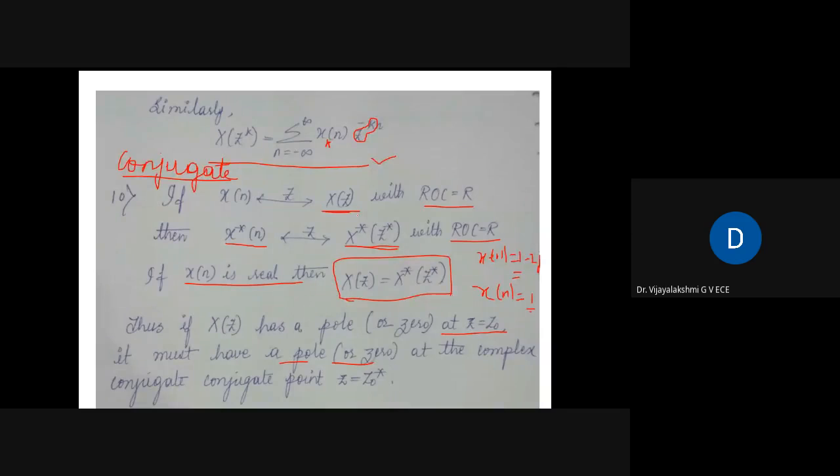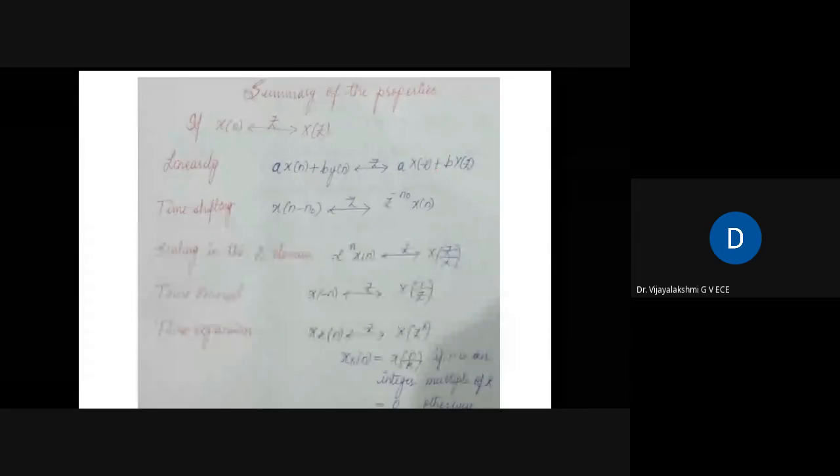Before going to the examples, we'll have a small summary recalling all the properties. If x of n and X of z form a Z transform pair, then what does the linearity property say? It says that a into x of n plus b into y of n forms a Z transform pair with a into X of z plus b into Y of z.